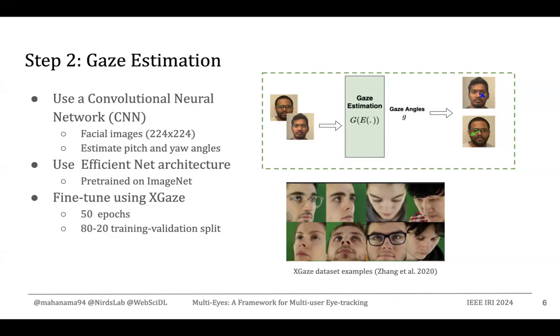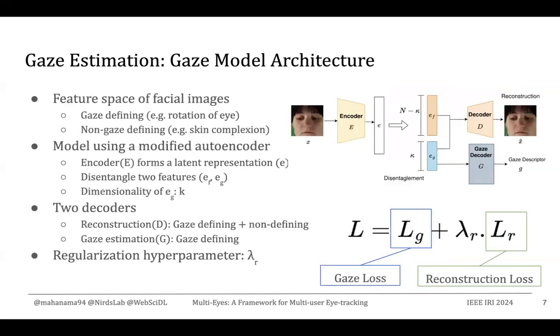When developing the gaze model for the application, we consider the idea that each facial image has two types of features, gaze-defining features and non-defining features. We extend the same idea into the latent representation, or latent spaces, and model the relationship using a modified autoencoder.